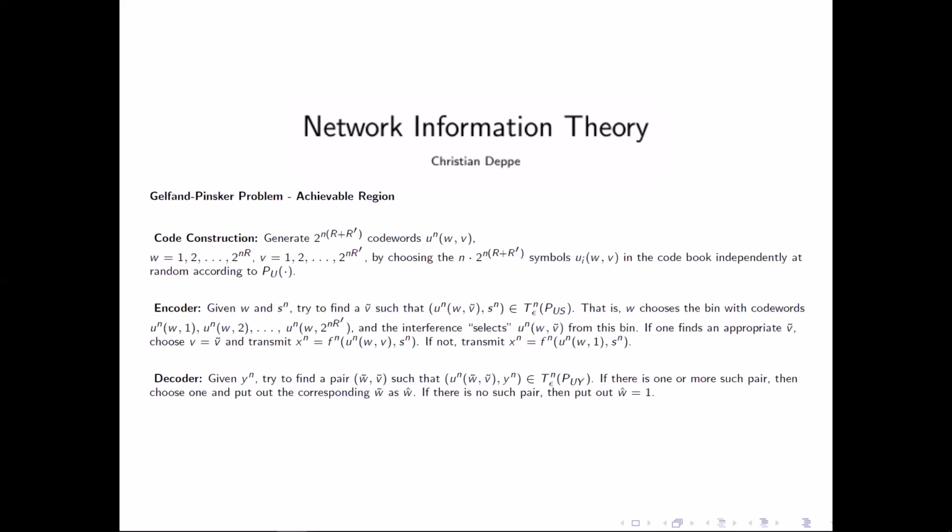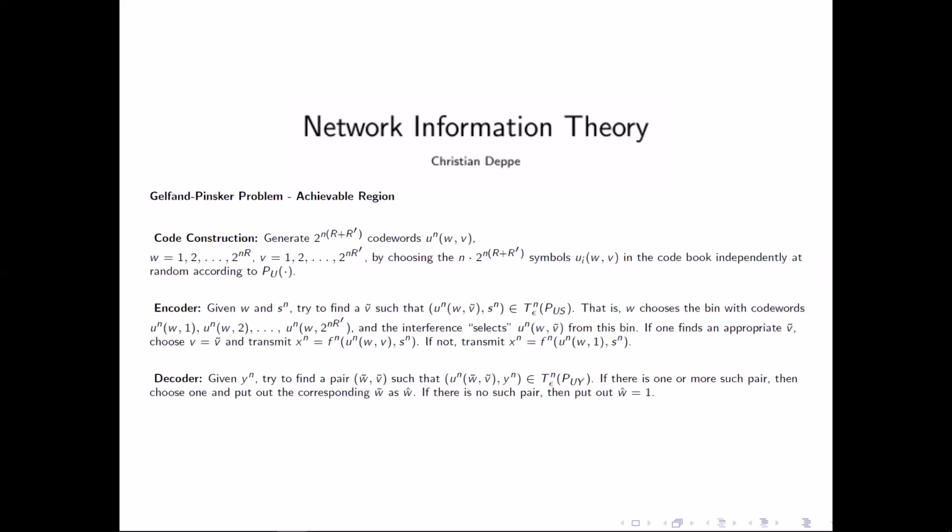Now, the encoder will do the following. He gets W and he gets S^n. And now he tries to find a V tilde such that U^n(W, V tilde) and S^n is typical with respect to U and S. So W chooses the bin with codewords U^n(W,1), U^n(W,2), until U^n(W, 2 to the nR prime).